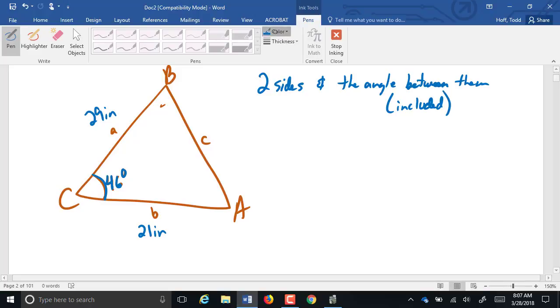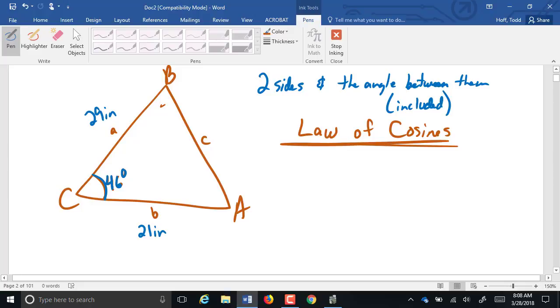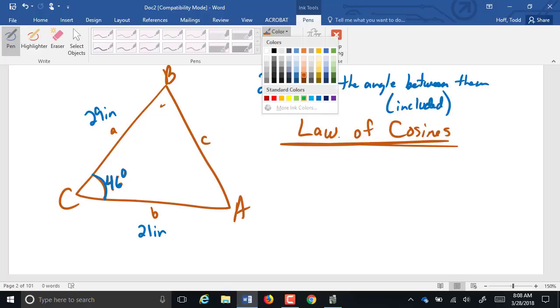When we have that situation, rather than using the law of sines, we're going to use the law of cosines. The law of cosines is actually very closely related to our Pythagorean theorem. What's the Pythagorean theorem again?